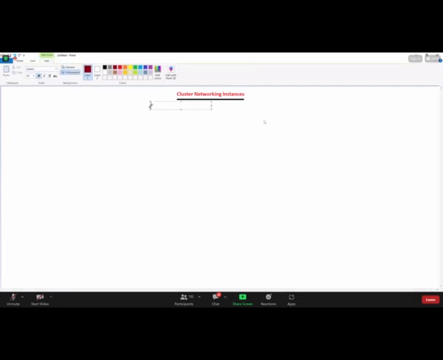Cluster means it's a group of servers. Instead of servers, can we call it EC2 instances? Yes. So can I say a group of EC2 instances? Yes. And this group is called a placement group.